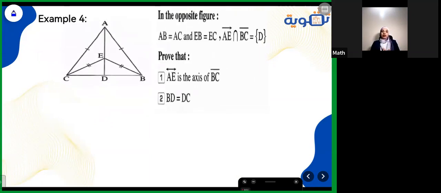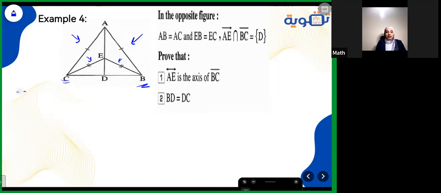Then, if you have an exercise like this one, AB equals AC, EB equals EC also, their intersection here with BC equals point D. Prove that AE is the axis of symmetry of BC. That's easy. You can notice that it's at equal distances from the terminals of the line segment. So it's already an axis of symmetry for this.